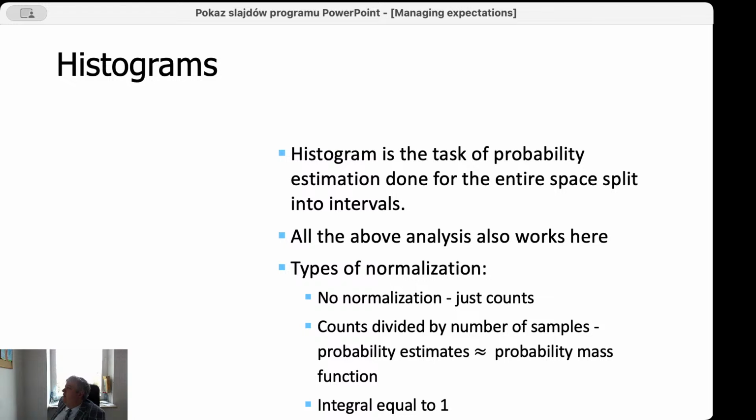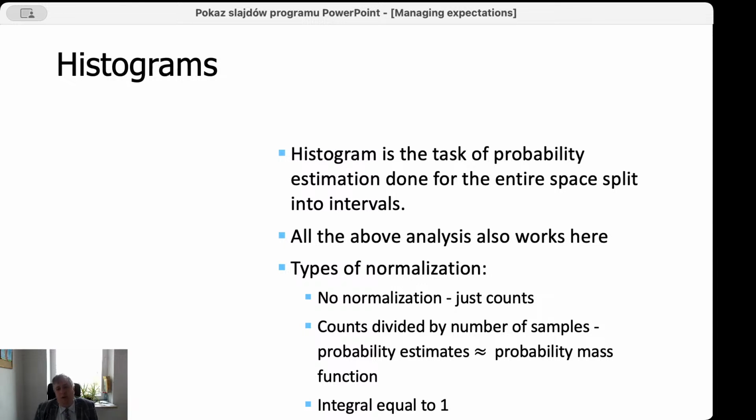And depending on the approach we use, we can consider it either as a probability mass function of separate events, or just the estimate of the probability density function. Either way, that forces different kinds of normalization in order to get the histogram, which is again a simple function of just how many points of a given sample are located in certain intervals.